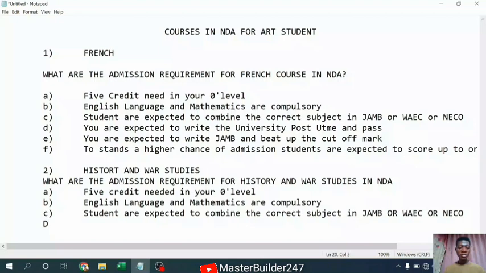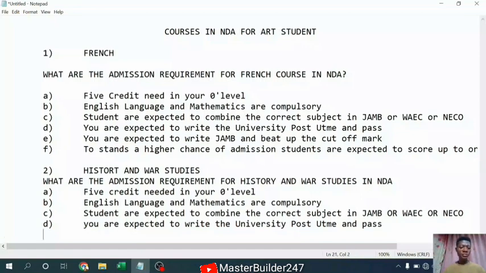And the D aspect of it is that you are expected to write the university post-UTME and pass, meaning you should score high, you should be able to pass the exam.